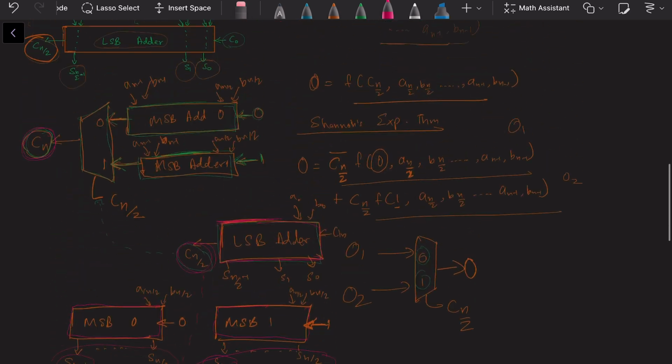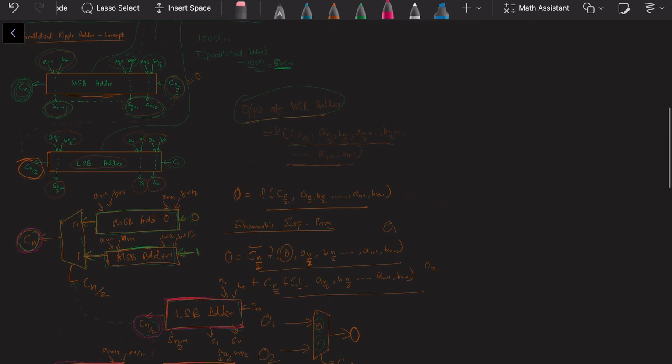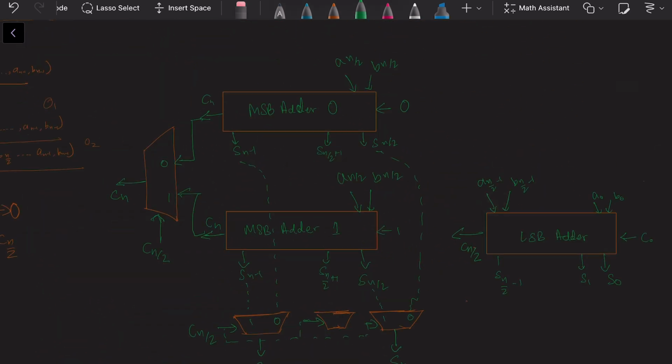So I quickly drew this, and if you see this, I have MSB adders over here, and I have an LSB adder here.